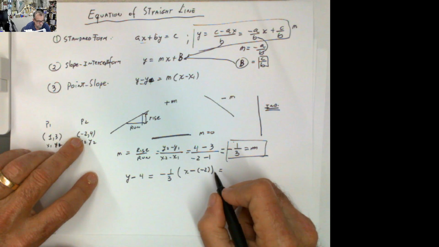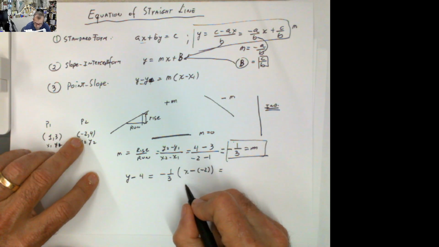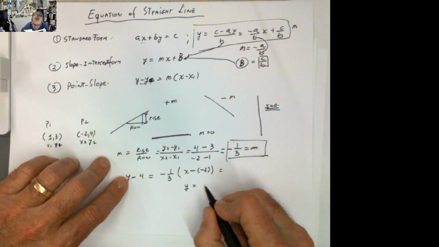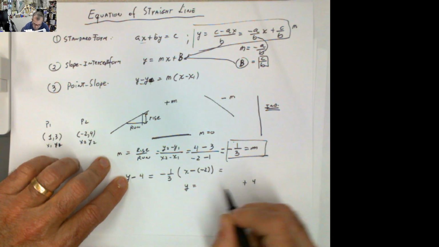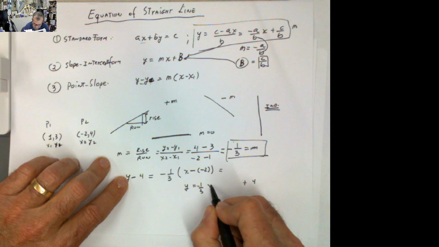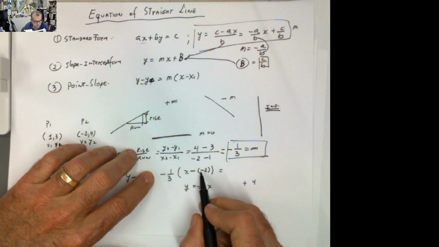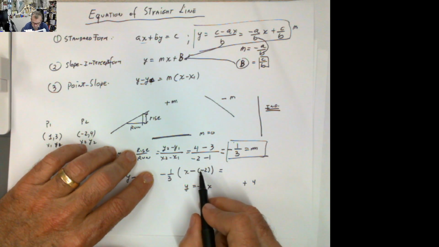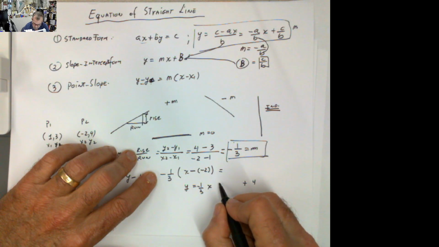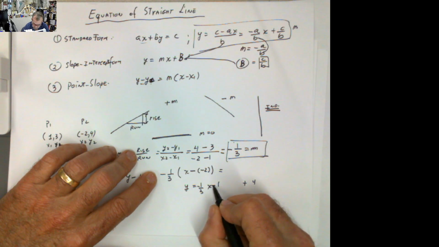So if I solve for y, for example, then y will be, I pass this to the other side, right? Plus 4. And then you have -1/3 of x, and then you have negative times negative is positive, times negative is negative, 2 times 1/3 is 2/3, -2/3.